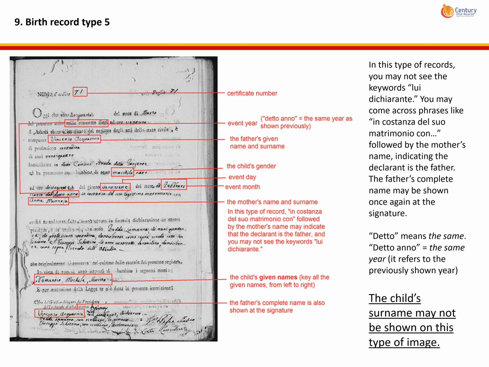In this image, the keywords lui dichiarante or esso dichiarante are not shown, but there are other ways to check if the father is the declarant. Look at the phrase shown in the slide.